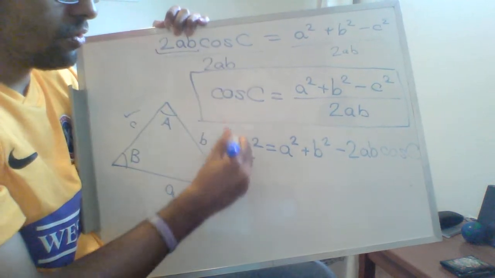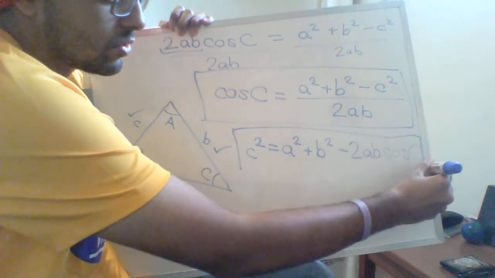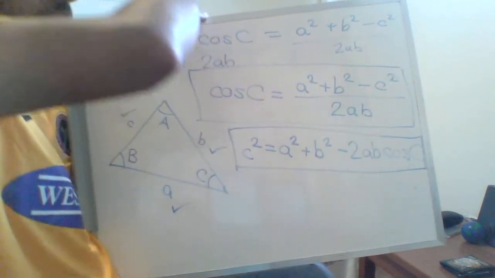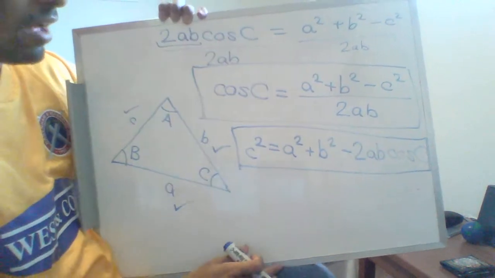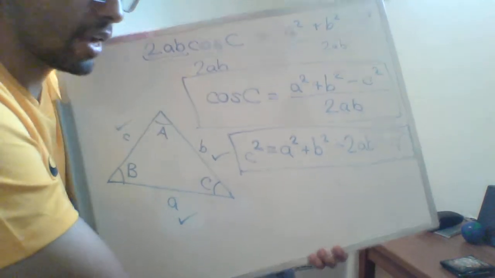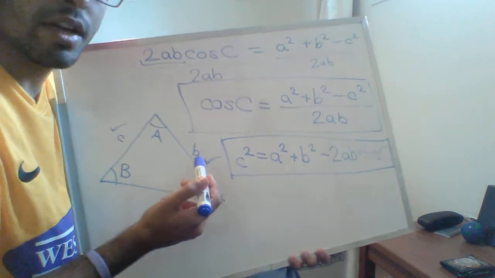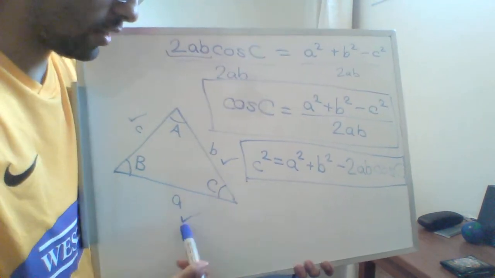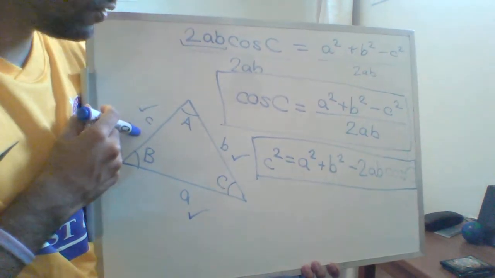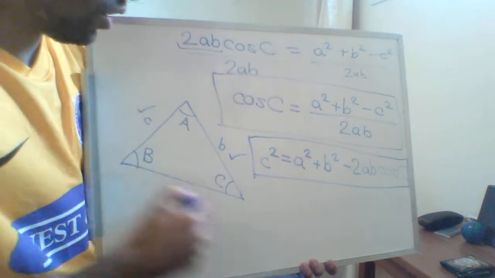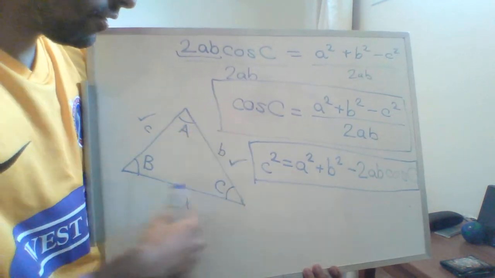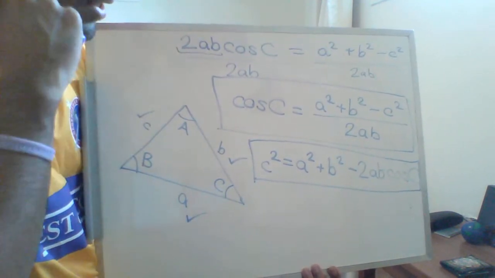Those are the two variations of cosine law. If you have two sides and the angle in between specifically, so if you have angle C and these two sides on either side, you can use that to figure out the length of this side over here. And if you have all three sides, then you can use this version to figure out any one of the angles on the inside.